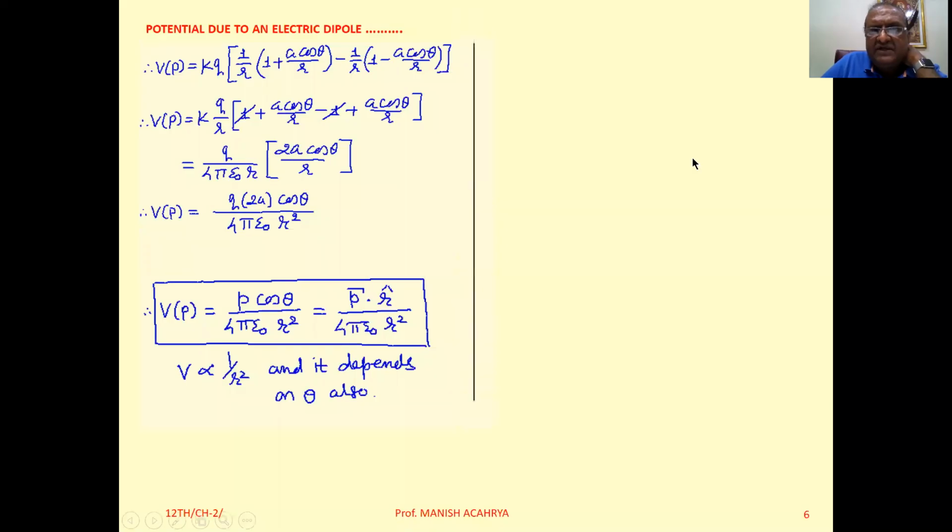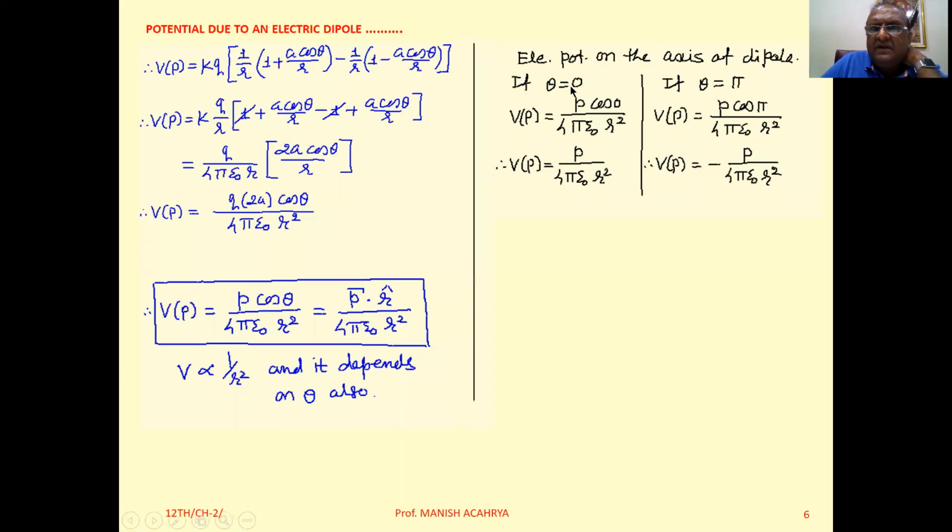Now, the special cases. Electric potential on the axis of the dipole. Suppose we consider the point on the axis towards the positive charge, then theta will be equal to 0, because the dipole moment and the position vector both will be in the same direction.